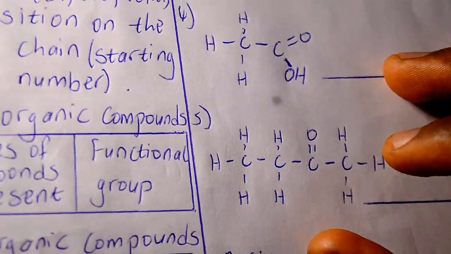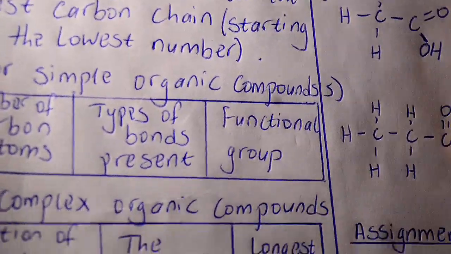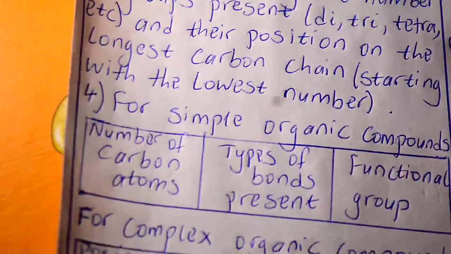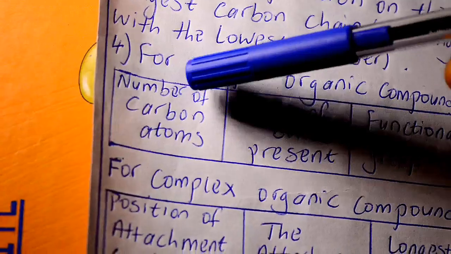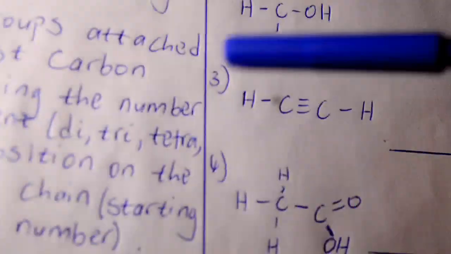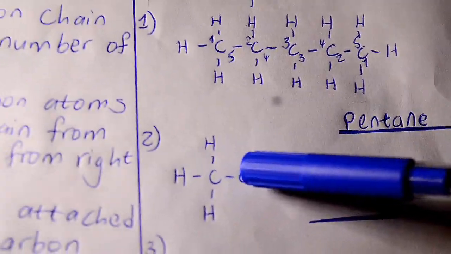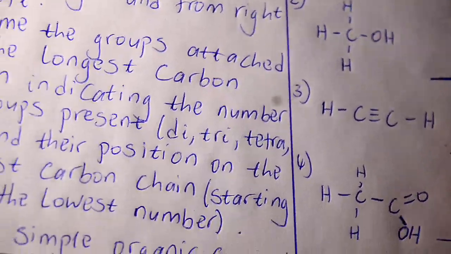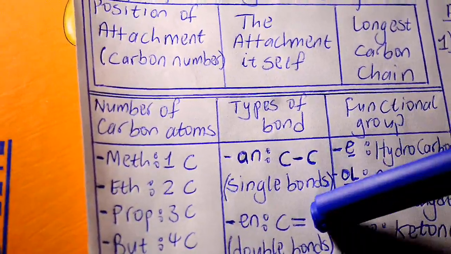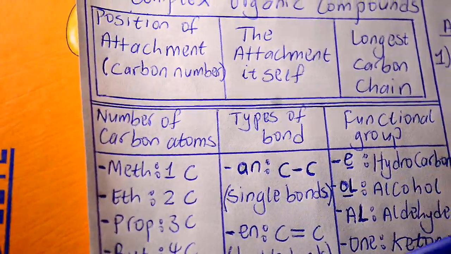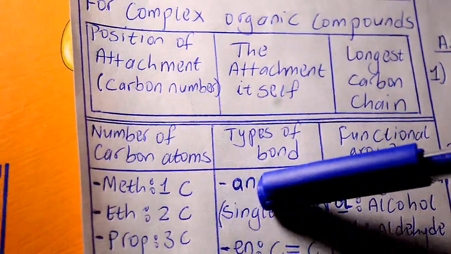Now the second compound, we follow the same rules as explained earlier. The first part of the name is what? The number of carbon atoms. How many carbon atoms are present here? Just one. There's only one carbon atom present, so there's no double bond and no triple bond, so it must be a single bond.